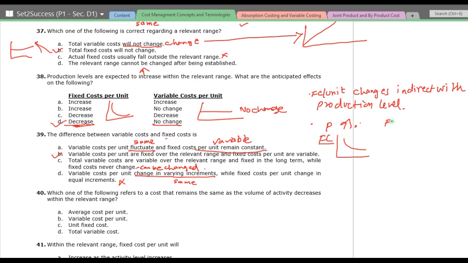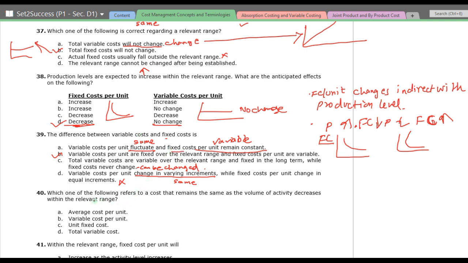If production decreases, the fixed cost per unit will increase. So the graph is somewhat like this.